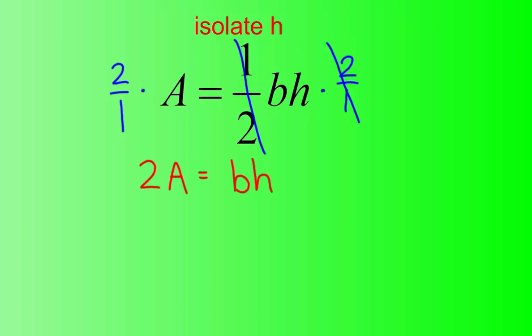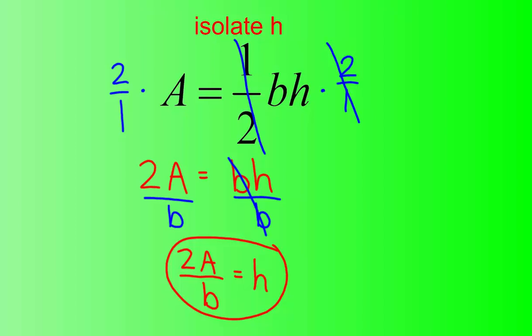When I do that, I end up with 2 times a is equal to b times h. Next, I'm going to get rid of the b. I want to move that over to the left side. So I'm going to go ahead and divide by b. That gets the h all by itself, and I'm left with 2 times a divided by b is equal to h.